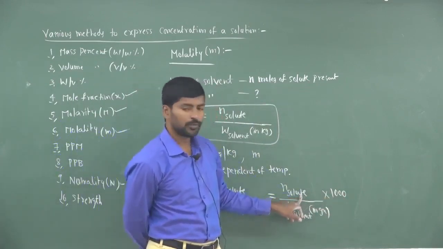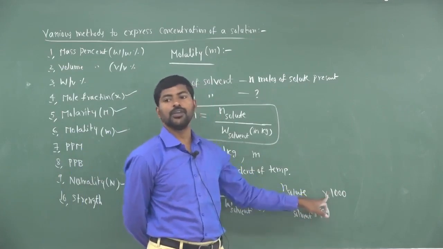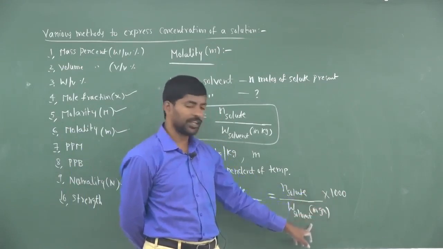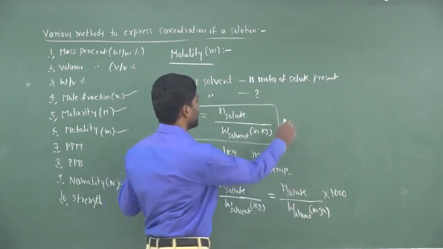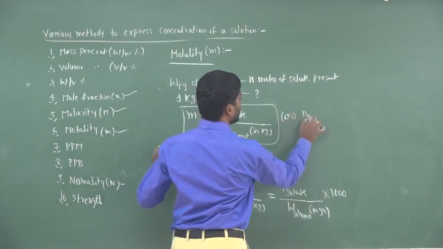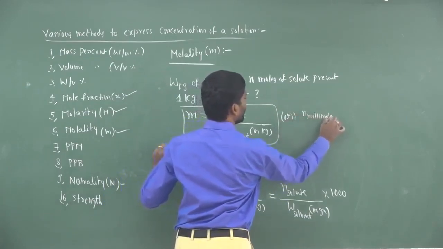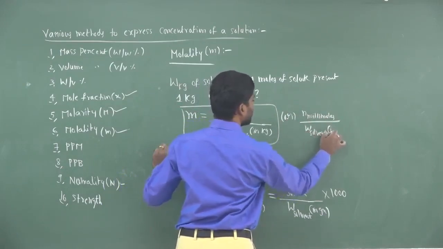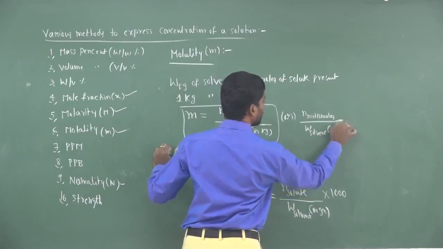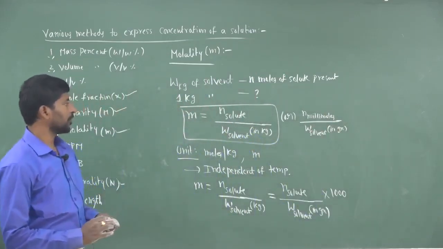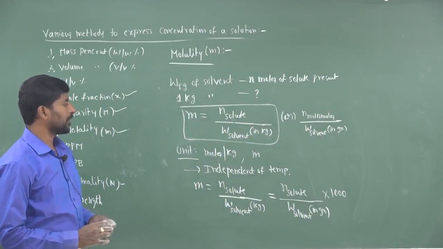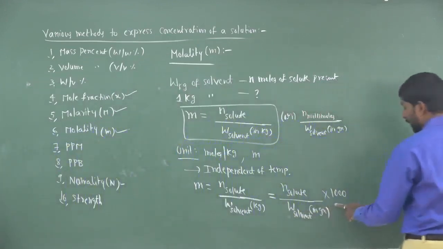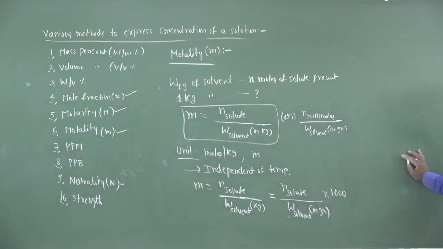Number of moles of solute into 1000 gives the number of millimoles of solute. So molality is number of millimoles of solute by weight of solvent in grams.